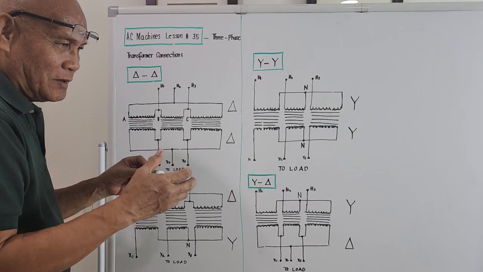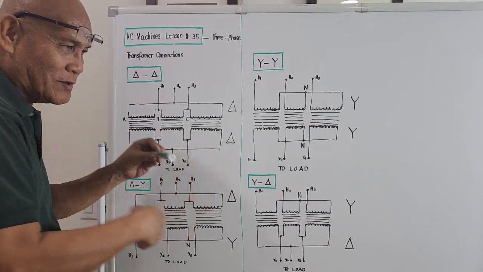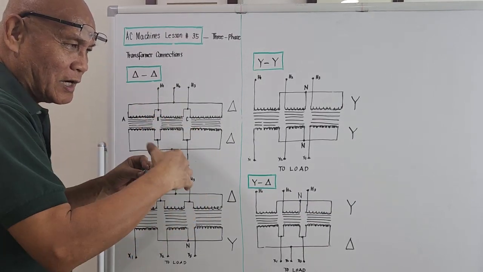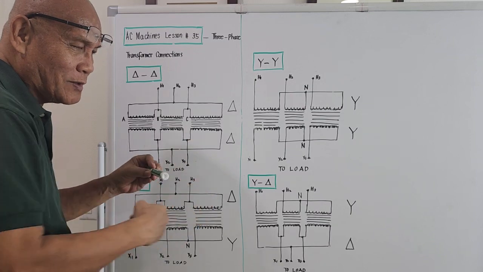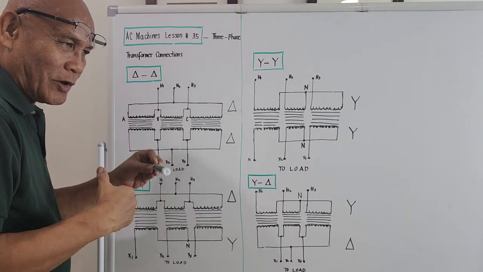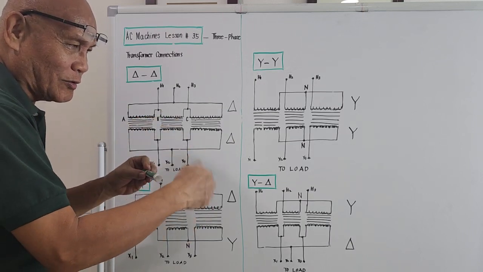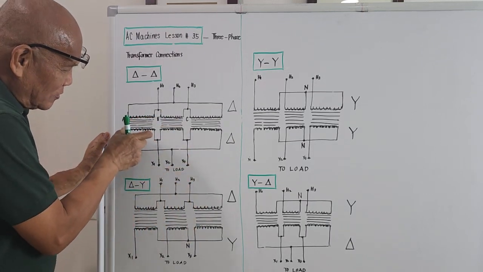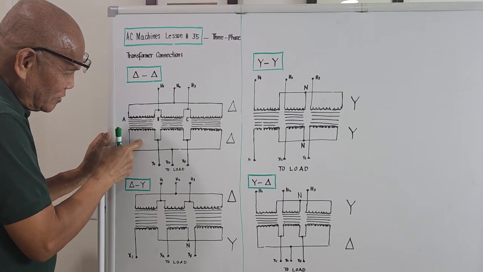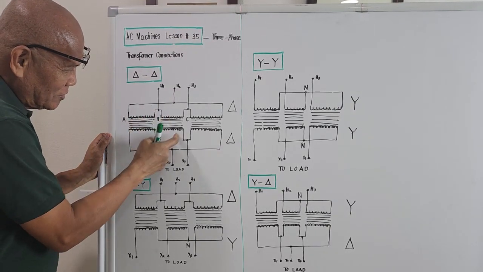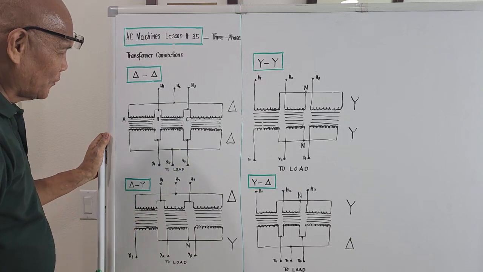So the sequence is this: first the primary winding. After completing the primary winding, they put an insulation, then they wind the so-called secondary winding. This is the match, and so with this, and so with it.